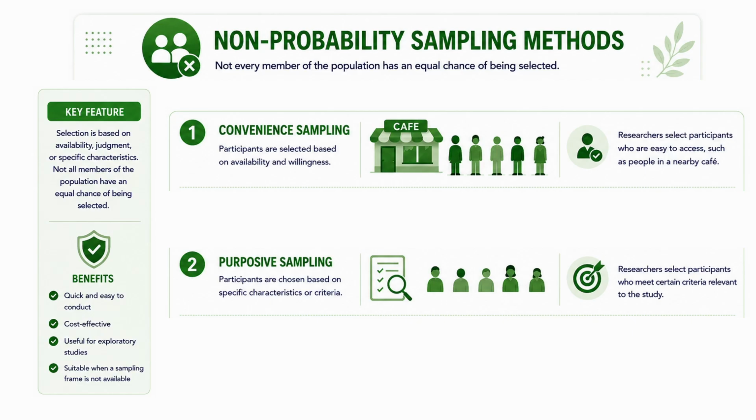That will be an example of purposive sampling. Researchers select participants who meet certain criteria relevant to the study. Another name for purposive sampling is judgmental sampling. So researchers use their own judgment to select the study participants.